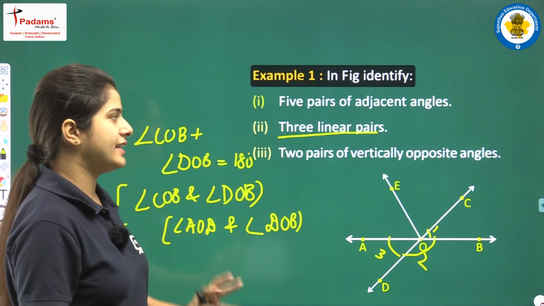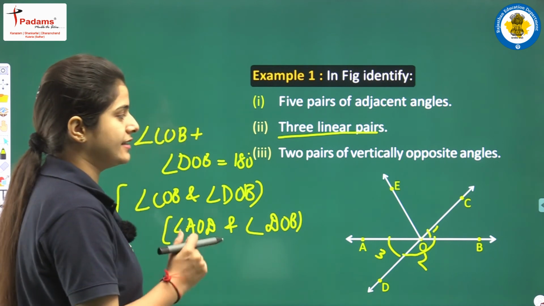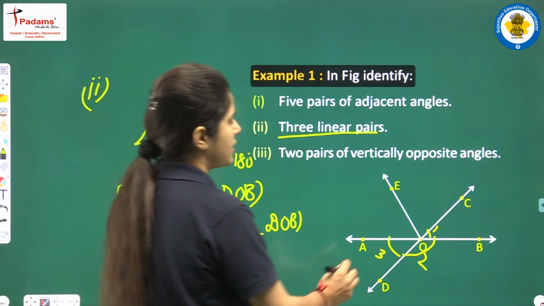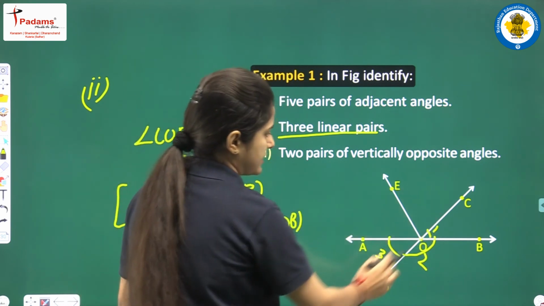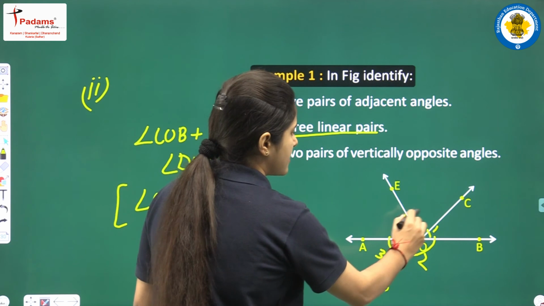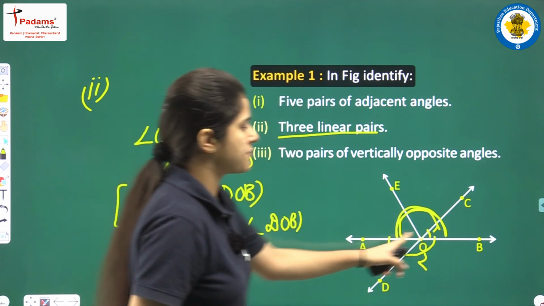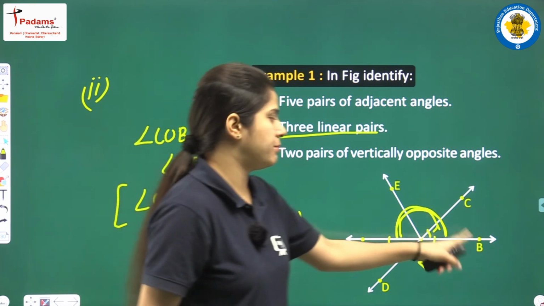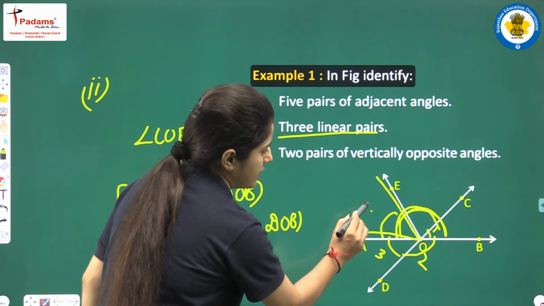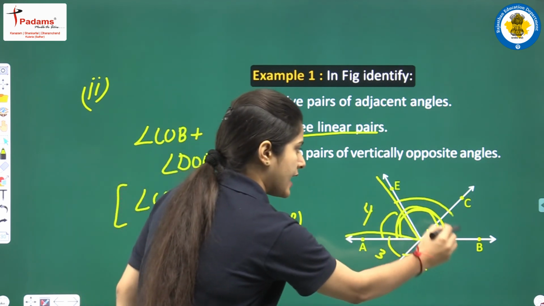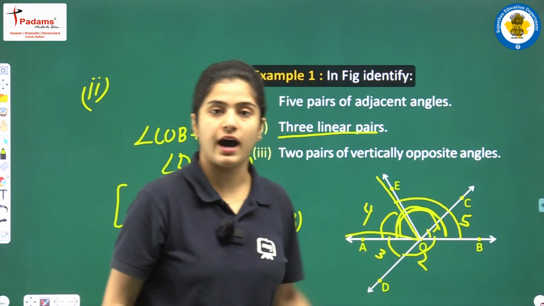So this is the second pair. Now we have to find the third linear pair. Where are we finding it? We have talked about this line and this line. For example, if I am talking about line AOB, and if this is angle 4 and this angle is angle 5, then 5 and 4 are a linear pair.